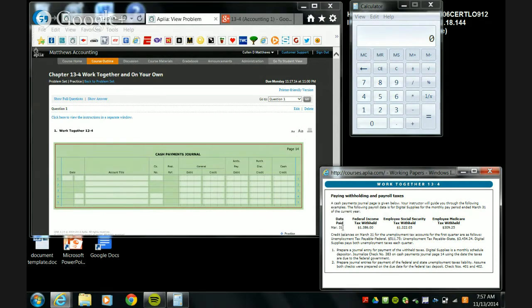Okay, so I pull up 13.4 to work together here. It gives me for this pay period, so the end of the quarter, March 31st. So I've got the first quarter's payroll, withholding, and taxes that I've got to pay here. I'm going to make this entry on April 15th because taxes are due 15 days after when they are, in this case, accrued.